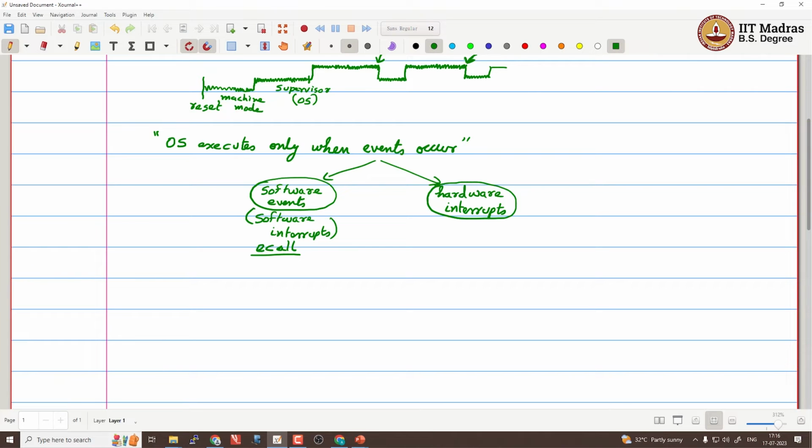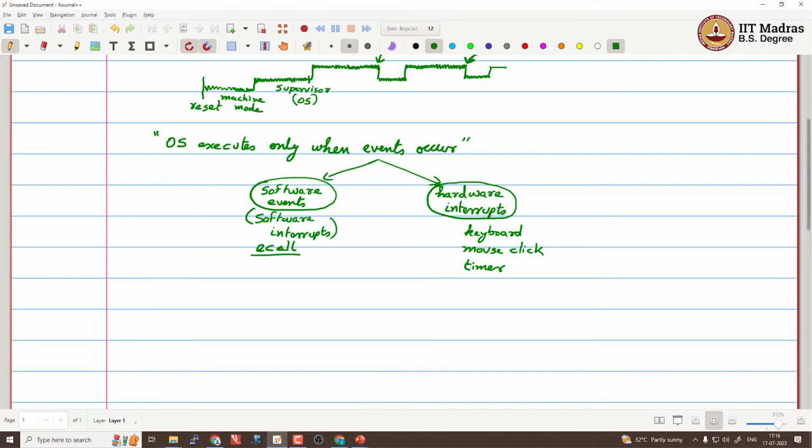It could be, for instance, a keyboard or a mouse click, or let's say a timer going off. Some external event outside the CPU core, the processor core, that when it occurs, we call a hardware interrupt.